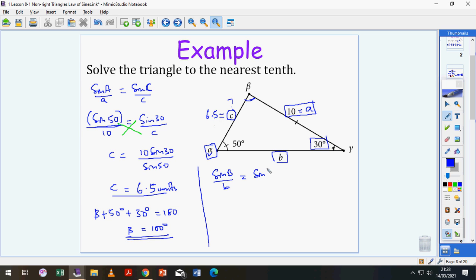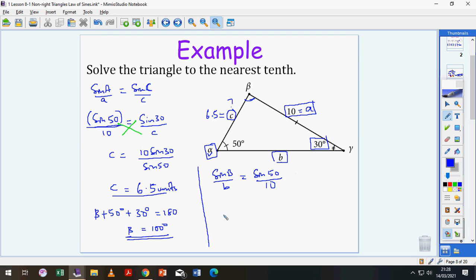I'm not saying it would be wrong, I'm just saying I know I'll get the most perfect answer if I use 10. So that's sine 50 divided by 10.